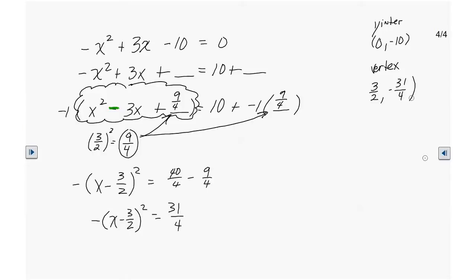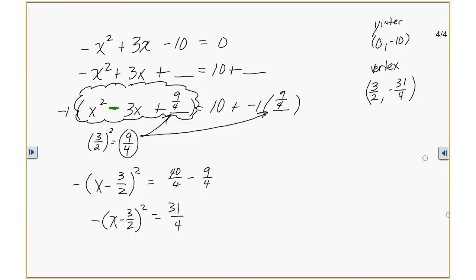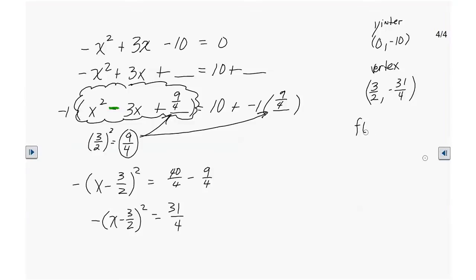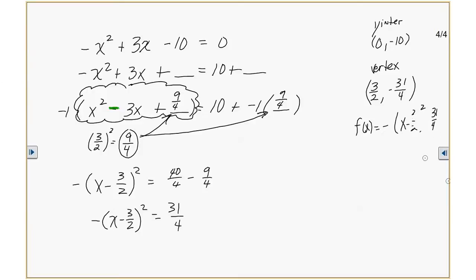And y'all can change that into mixed numbers later. I don't care about that one. And f of x is equal to negative parentheses x minus 3 halves squared minus 31 fourths. What just happened?